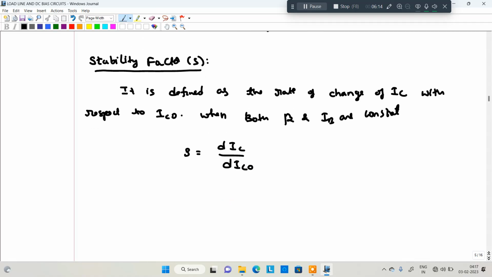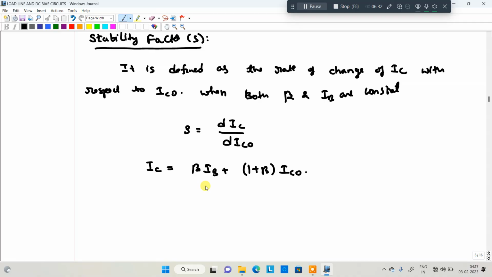Previously we have a formula from the thermal runaway: IC is equal to beta into IB plus 1 plus beta into ICO, right? I'm going to derive the relation by differentiating IC with respect to IC.